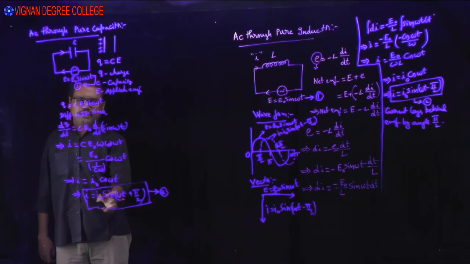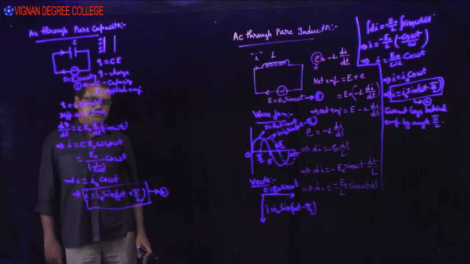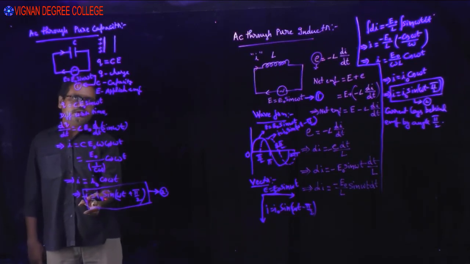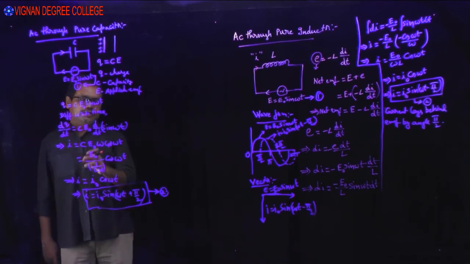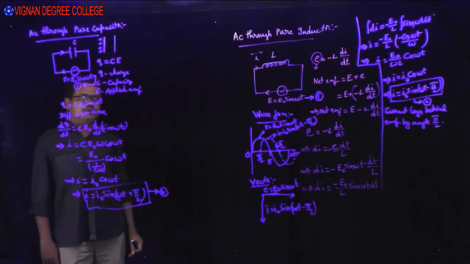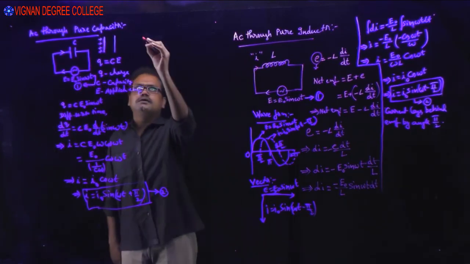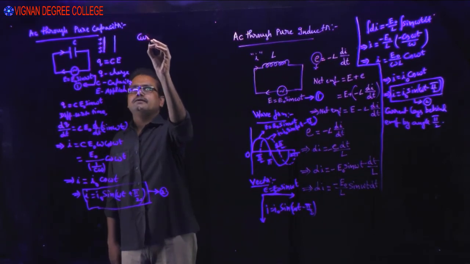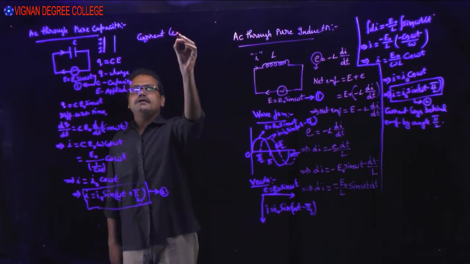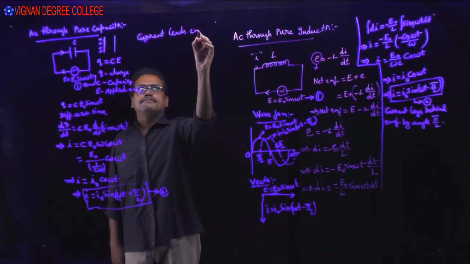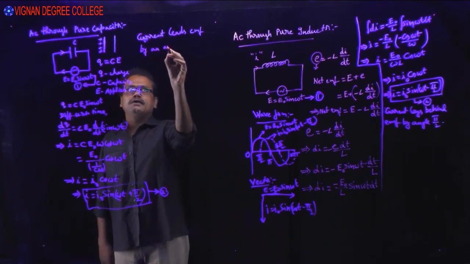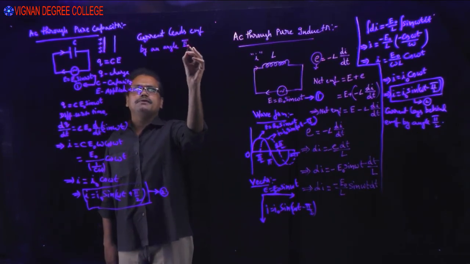Here I is equal to I naught sin omega t plus pi by 2. From these two, it is clear that current is leading. Current is leading by an angle pi by 2. Current leads EMF by an angle pi by 2.